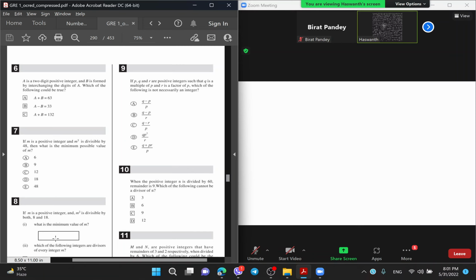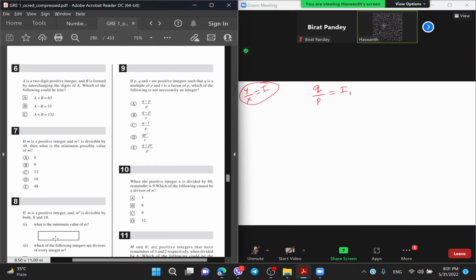So first, whenever you see these terminologies, the first step is taking y by x gives us an integer. y is divisible by x, or y is a multiple of x, or x is a factor of y. Then we take y by x gives us an integer. Q is a multiple of p means q when divided by p, the resultant value is an integer.